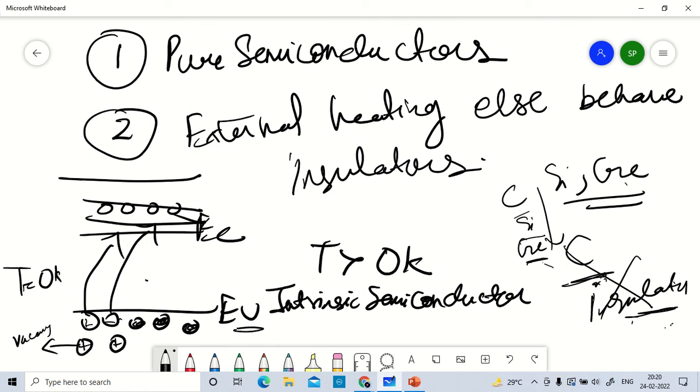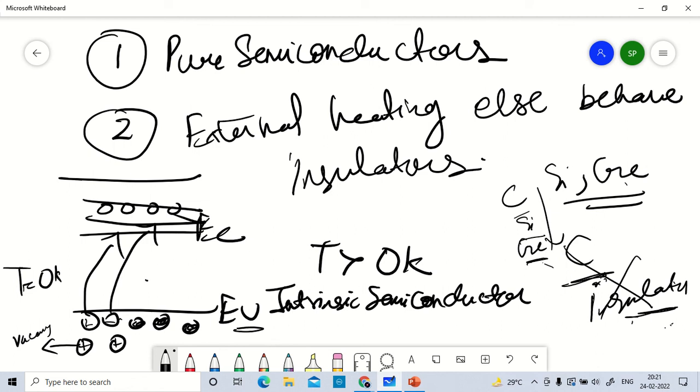So doping is the deliberate addition of a desirable impurity in order to increase the conductivity of a semiconductor. The impurity atoms are called dopants, the materials which we add. Such a material is therefore called a doped semiconductor.